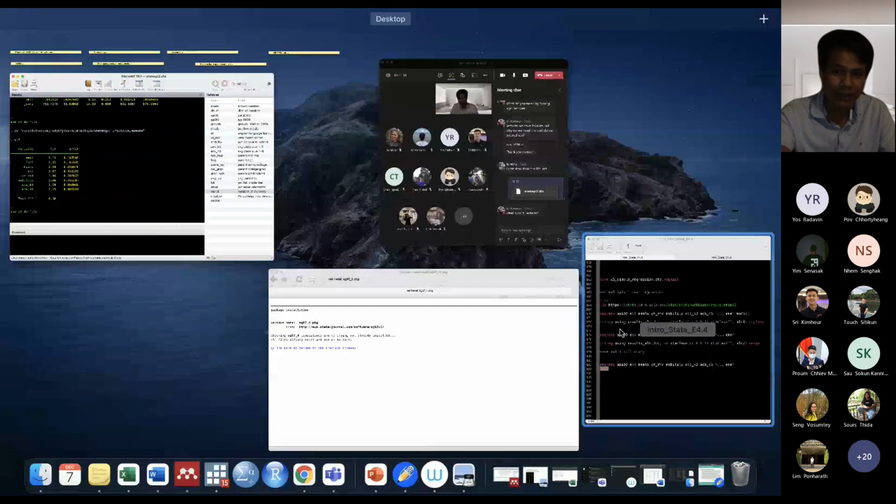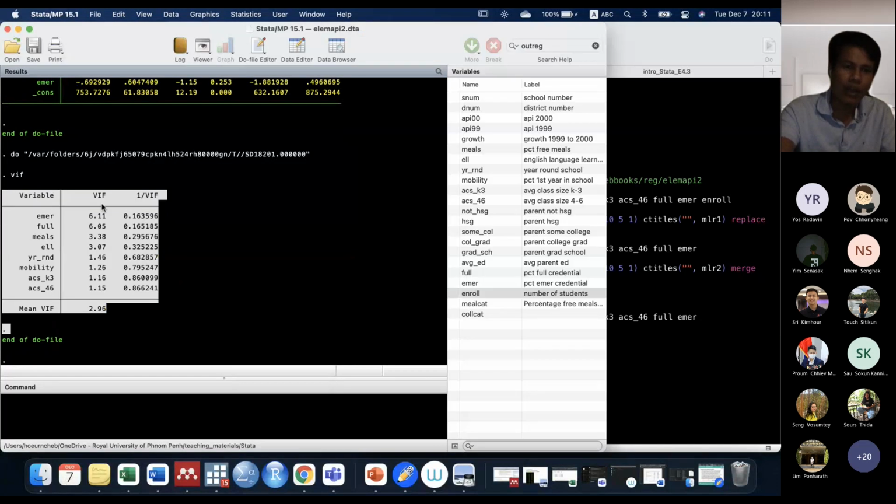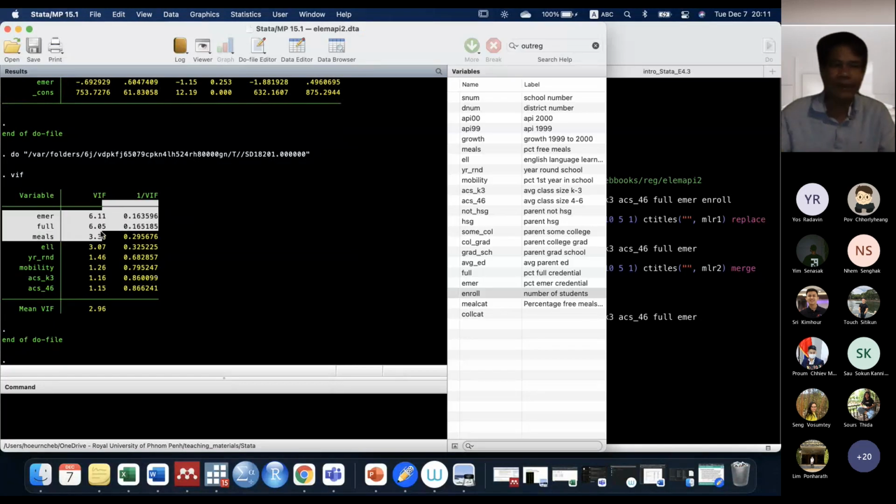To detect it, run the regression, shortly after run VIF, and then you obtain this. Look at the VIF value here. If it is lower than 10, no multicollinearity. If some variable is higher than 10, you may need to decide to drop one or two variables out of the model, run the regression and check VIF again.